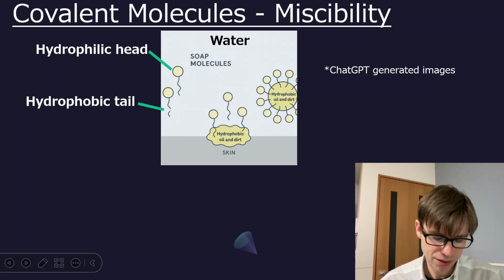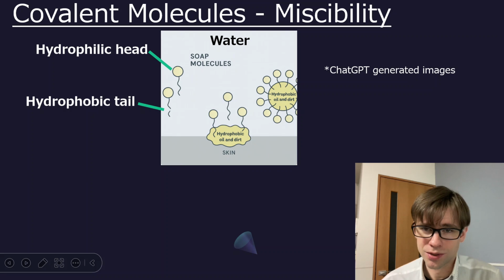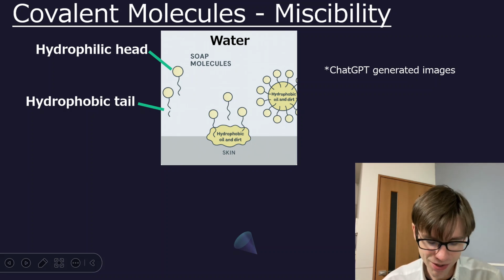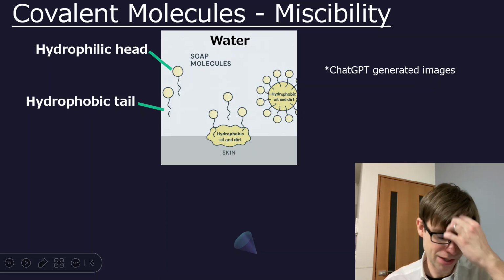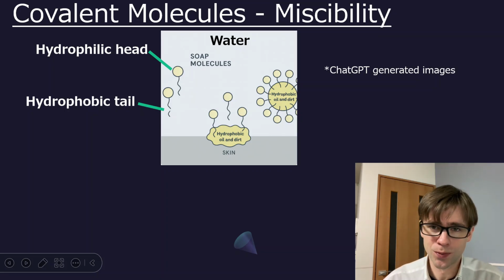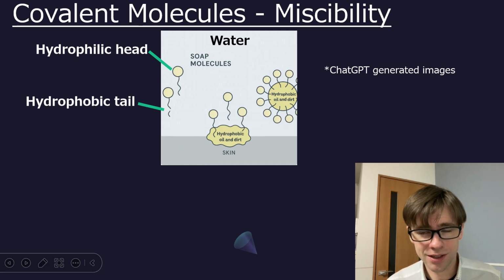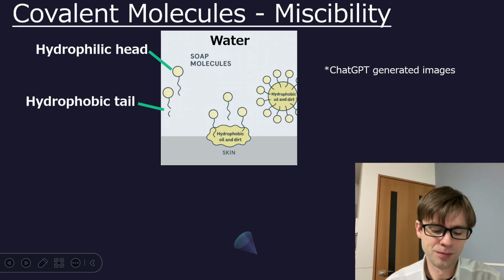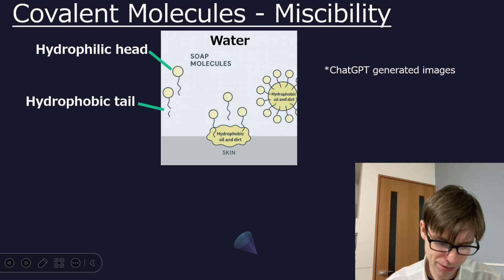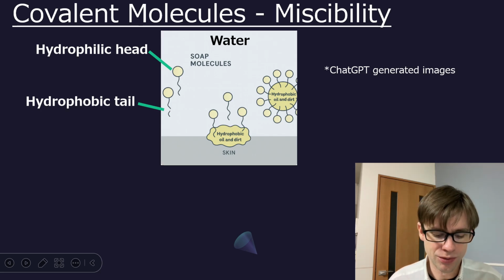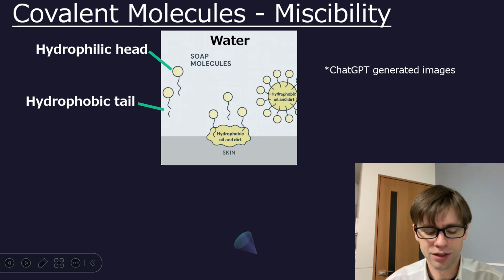But the outside of that, the polar region, has no attraction to the hydrophobic dirt and grime on your skin. So it ends up on the outside. But the outside is where water is. You're rinsing it and washing it with water, right? So that water that's moving by will be attracted to the head. It pulls then that little bubble or package or compartment off, and that compartment has a hydrophilic outside interacting with water and a hydrophobic inside interacting with oil and dirt, and it washes away.